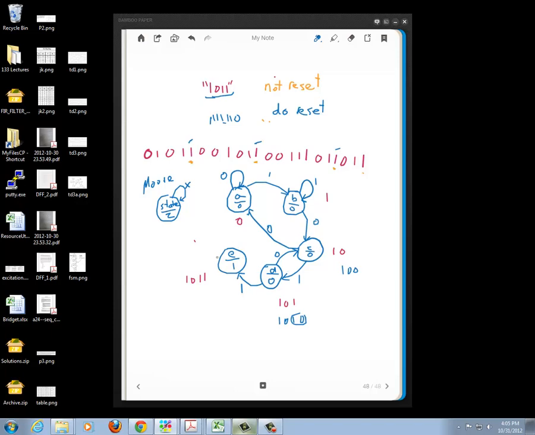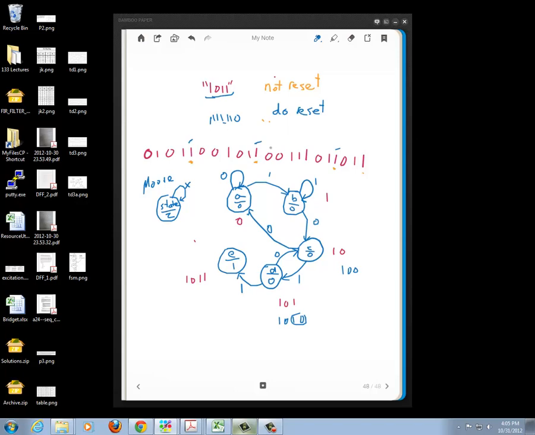Now with E, we've already detected our sequence. So what's going to happen now? It depends on whether we're doing a no reset or a reset case. So let's do the reset case first in blue.